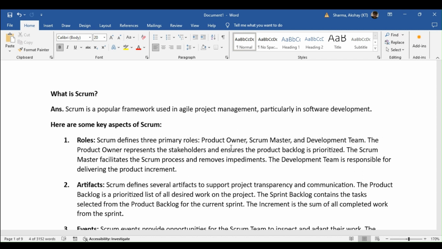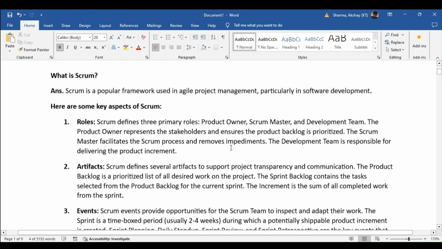So the dependency tasks should be completed first, and that's how we'll move to the next task in order to achieve our predefined goal. Whereas the development team is responsible for delivering the product increment. Okay, so the roles are completed.